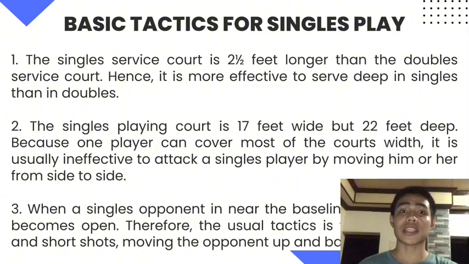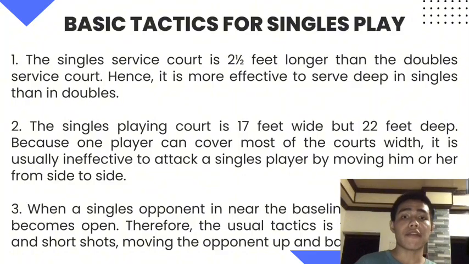The singles service court is 2.5 feet longer than the doubles service court. Hence, it is more effective to serve deep in singles than in doubles. Second, the singles playing court is 17 feet wide but 22 feet deep, because one player can cover most of the court's width.